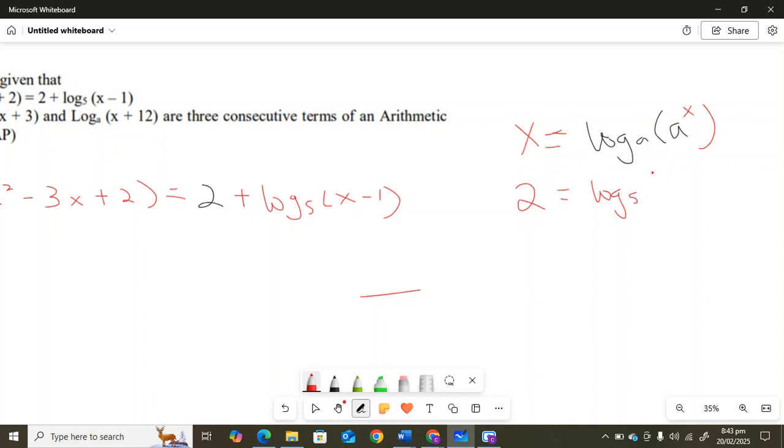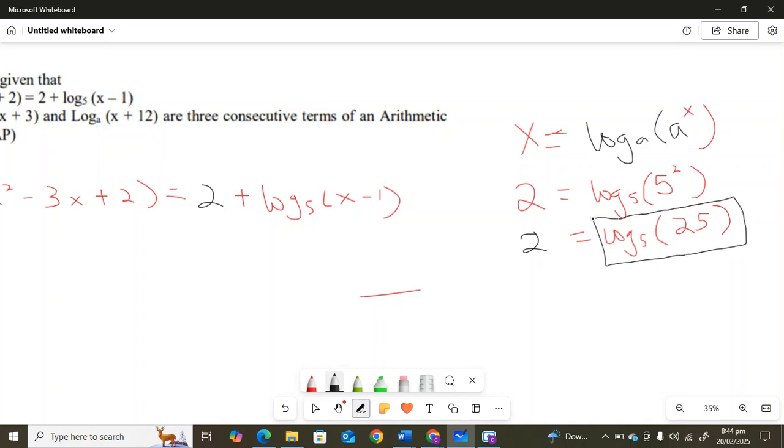So we put it as this, a again. Where there's a, replace it with 5. Where there's x, replace it with 2. So we get log 5, 25. So 2, if we have to write it in logarithmic form, it is log 5, 25.